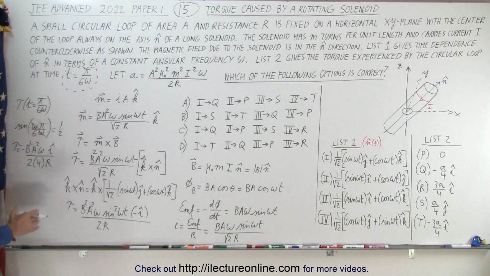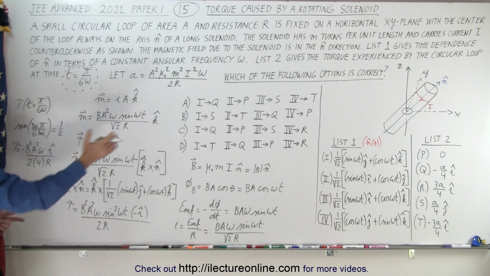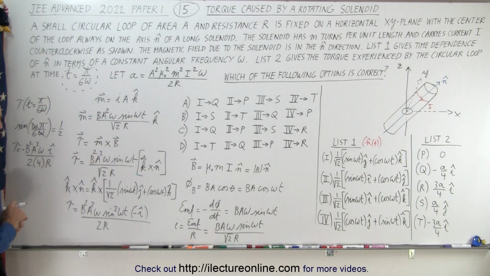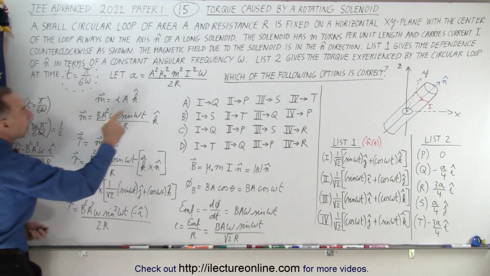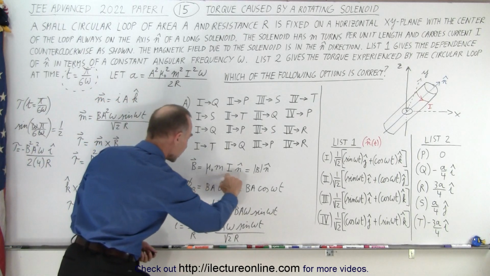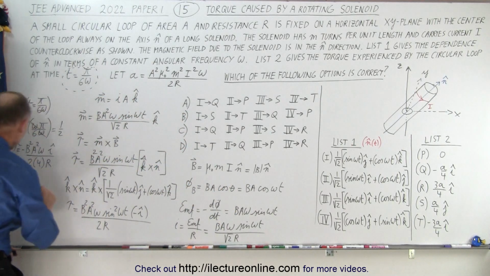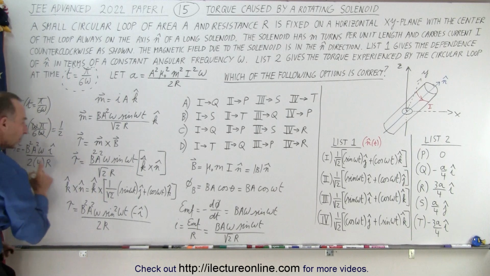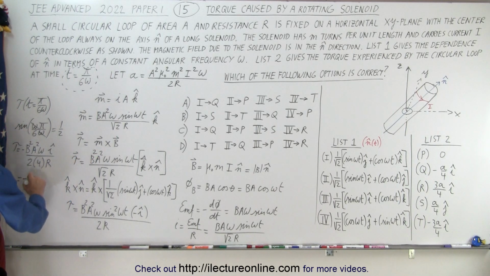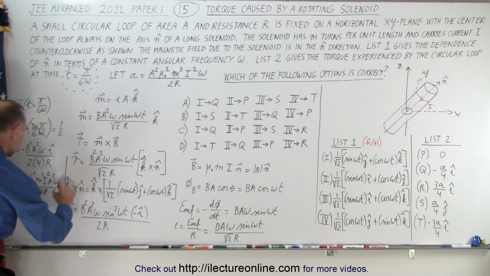Okay, now you say, well, all right, that doesn't look like any of the items on list 2, but if we then replace b squared by what b is equal to, which is right here, then what we end up with is this is equal to minus b squared will give us mu sub naught squared m squared I squared a squared omega divided by 2 times 4r in the negative i direction.